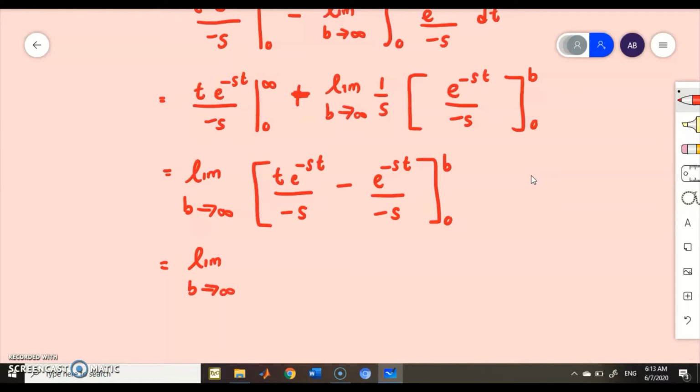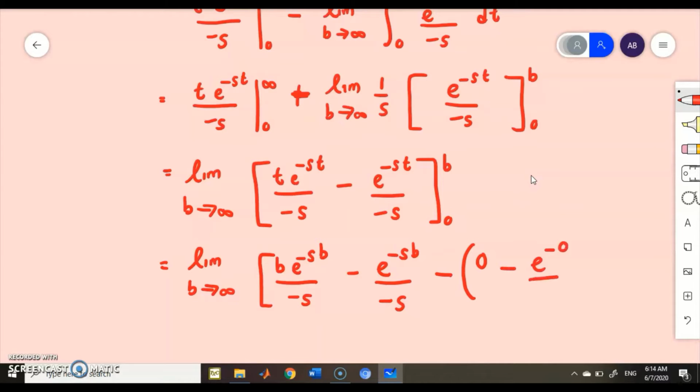applying when t is b, so I have b exponent negative sb over negative s minus e negative sb over negative s minus 0. When t is 0, minus e negative 0 over, I'm sure I have brought the negative out, so this is positive, s.